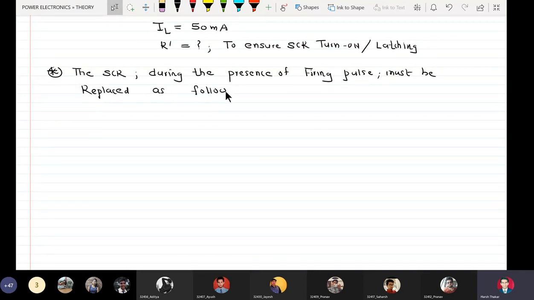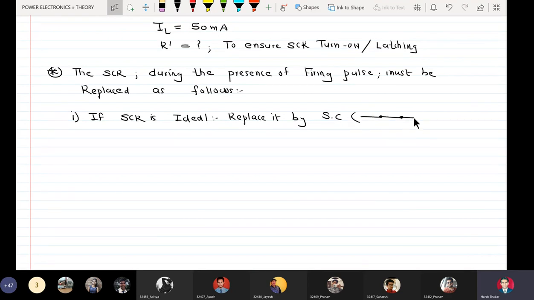Now I am going to write something which is in addition to what I have written before. The SCR during presence of firing pulse must be replaced as follows. The first case is if SCR is ideal, replace it by a short circuit, that is like this.